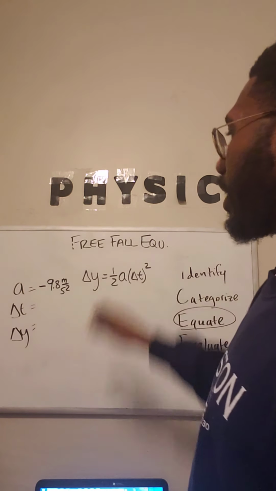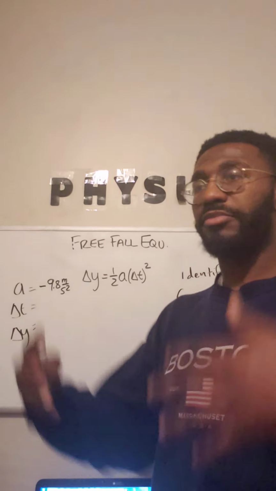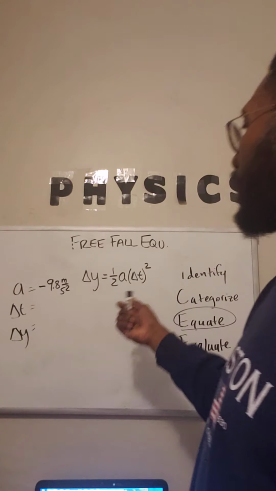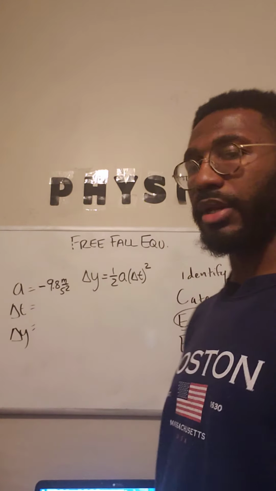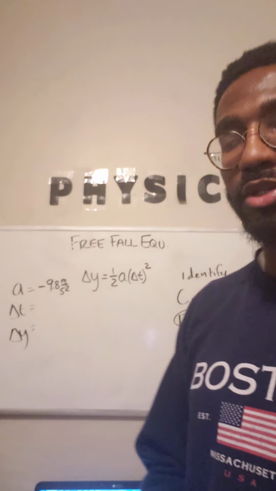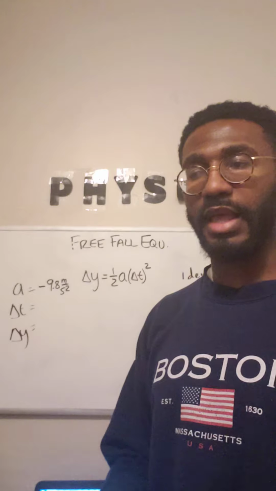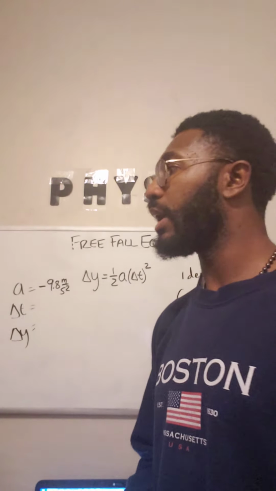Okay. So for starters, just a little bit of background. The free fall equation is the equation we use whenever there is an object that is freely falling through the air. This is a shortened version of a longer kinematic equation, which we saw in the video with Diana Cowan as she was talking about the kinematic equations and projectile motion.